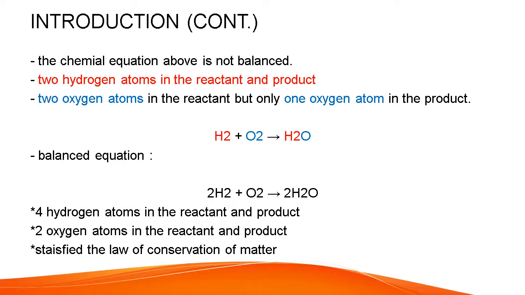For example, from H2 plus O2 become H2O, we add the coefficient 2 in front of the hydrogen and the water molecule. So it will become 2H2 plus O2 will become 2H2O.